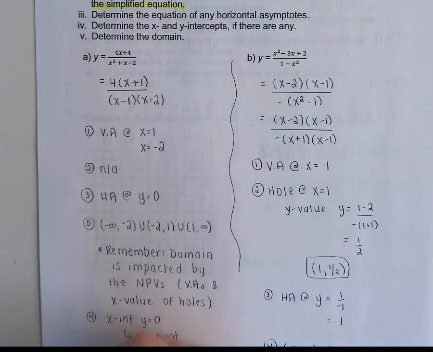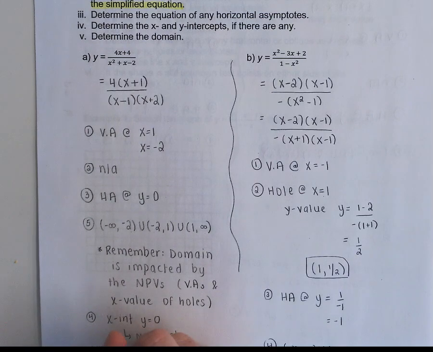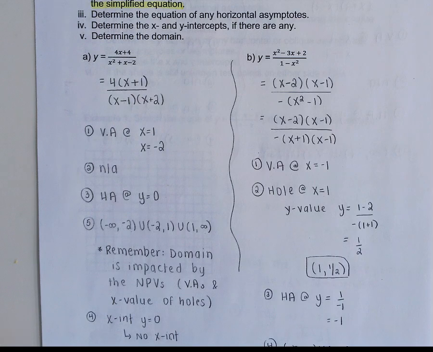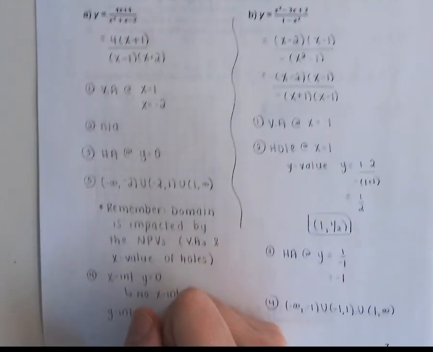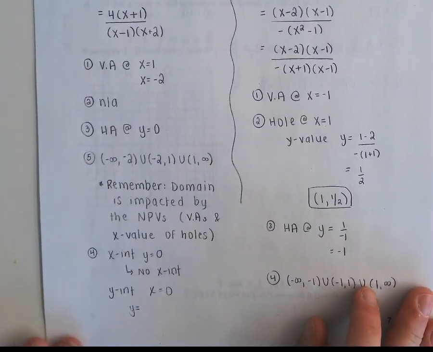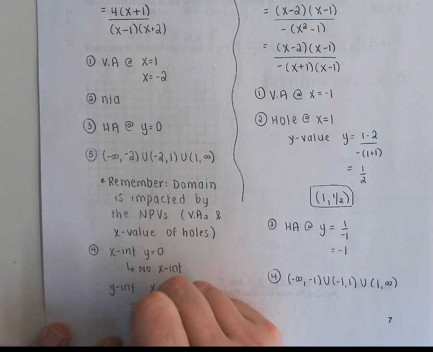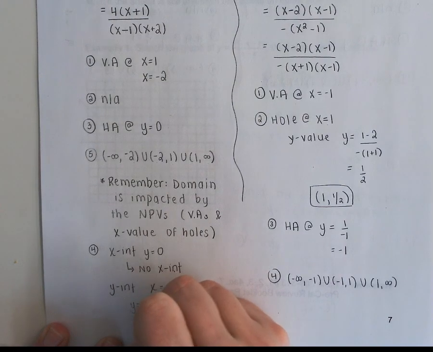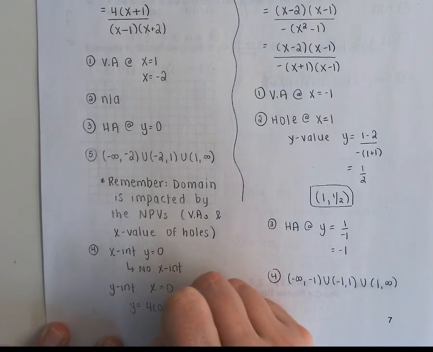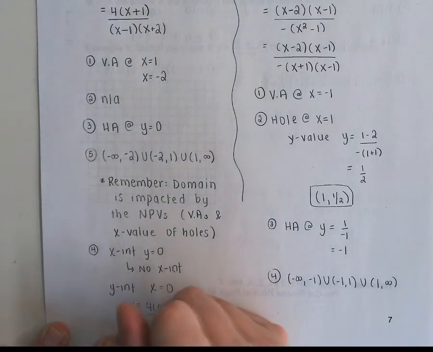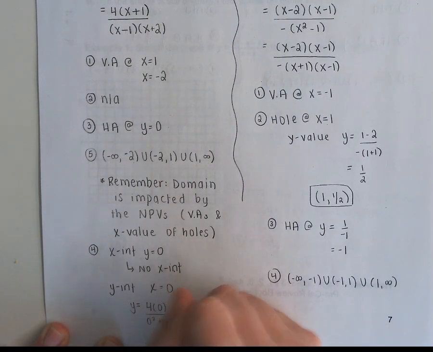And if I look at my y-intercept, remember the basics still apply. This is when x equals 0. If I plug that into my equation, oh, I'm off the screen, sorry guys. If I plug that into my equation, and you can use the original equation that you were given, you're going to have 4 times 0 plus 4 over 0 squared plus 0 minus 2.